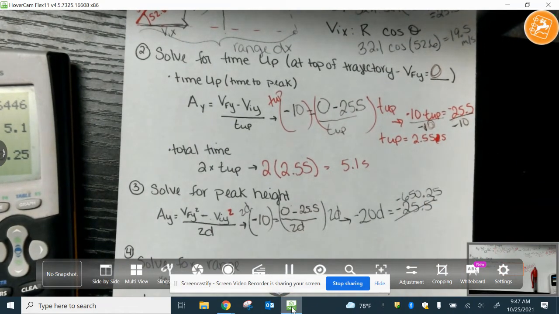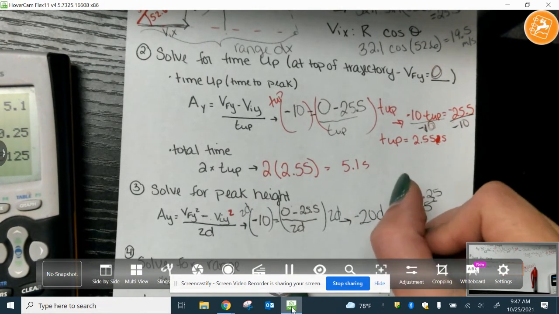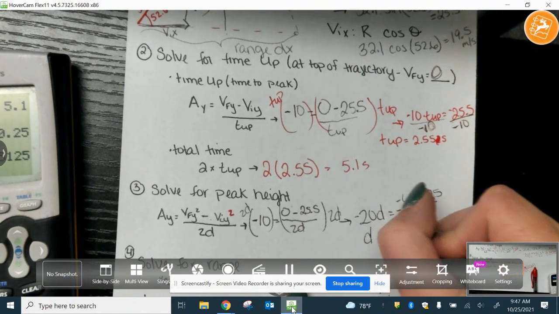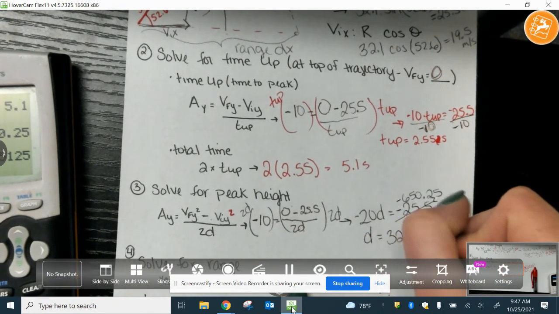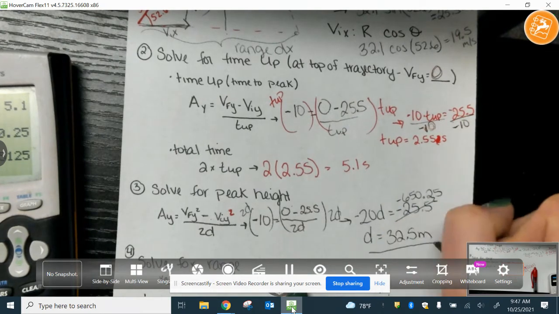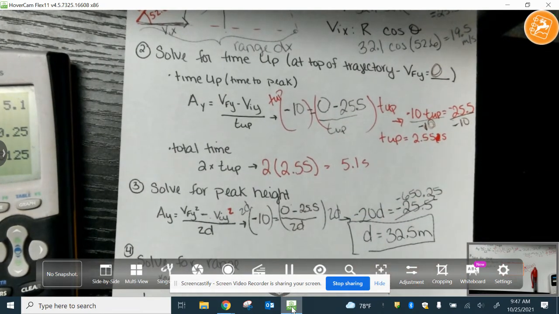So we're at negative 20d equals negative 650.25. So 650.25 divided by 20 gives you a distance of 32.5 meters.